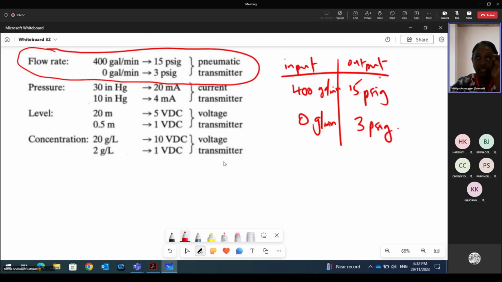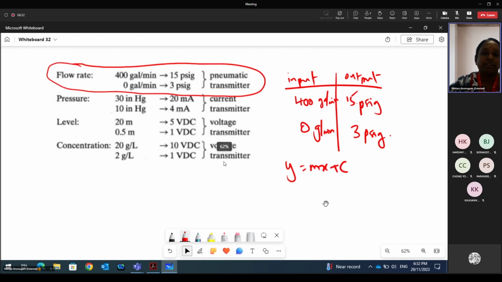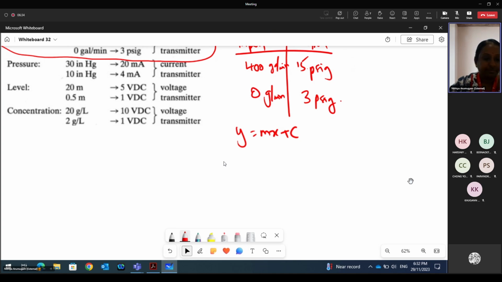Now, if you remember, it's a linear transmitter. So it has to be in terms of y equals mx plus c. So the graph for the transmitter will be input and output. So it is actually output versus input.